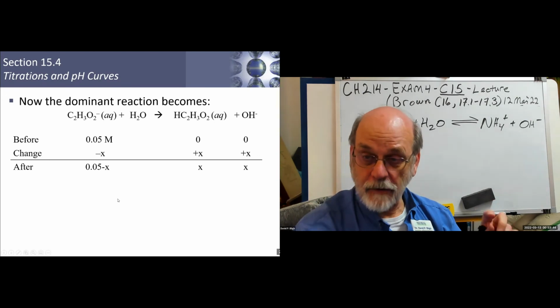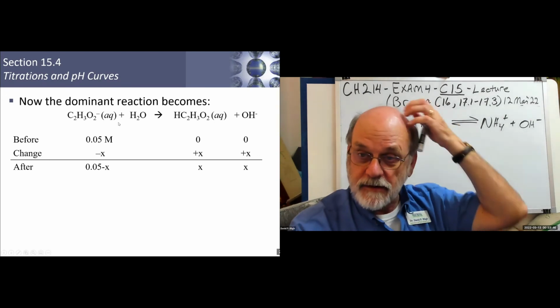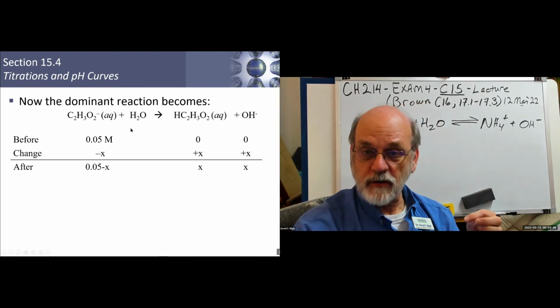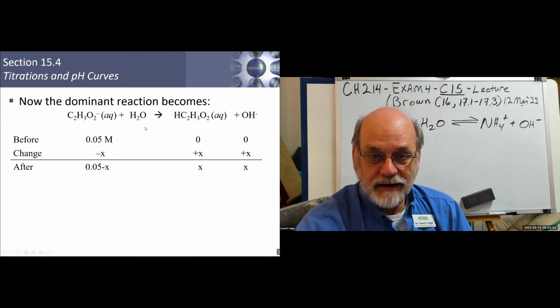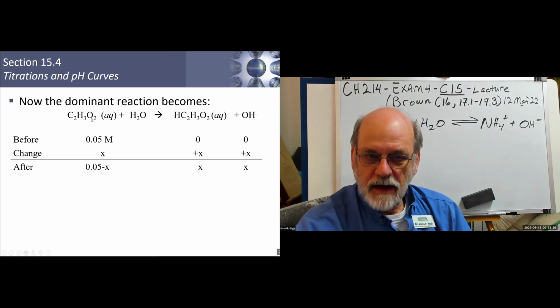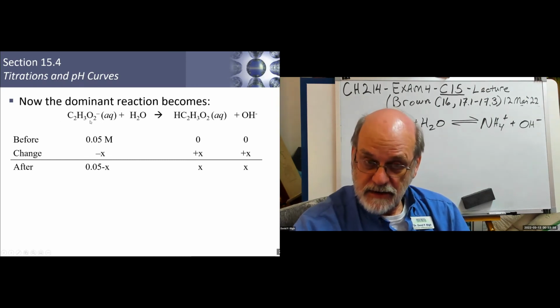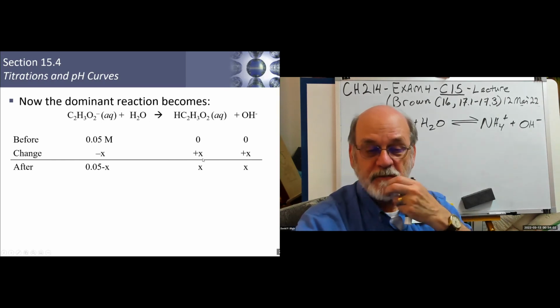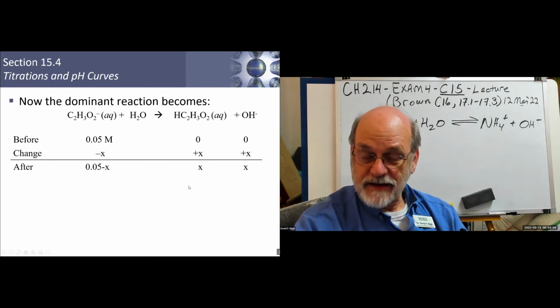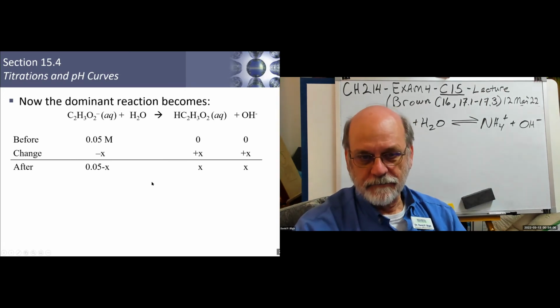In this case, since we only have acetate ion, it's going to react with water. There's nothing else for it to react with. So our reaction then is the conjugate base of acetic acid plus water yields acetic acid plus OH minus. So that is a Kb situation there.